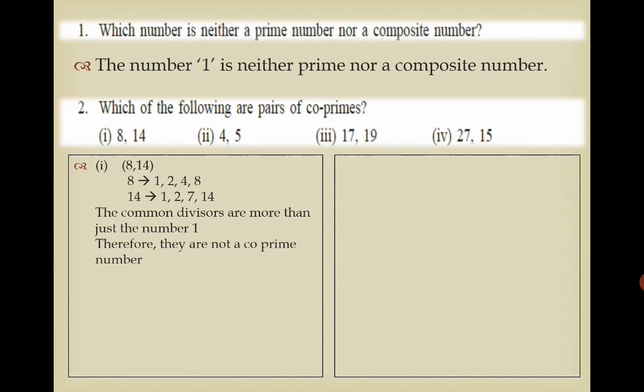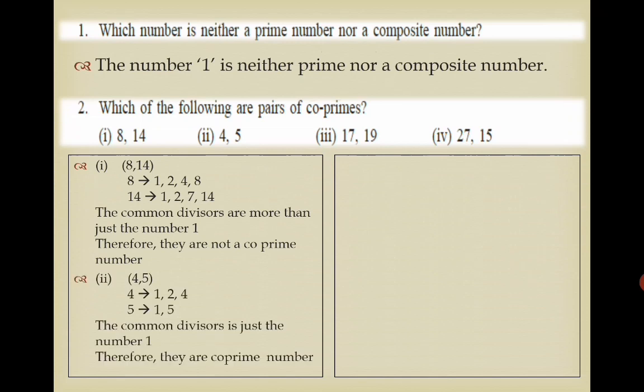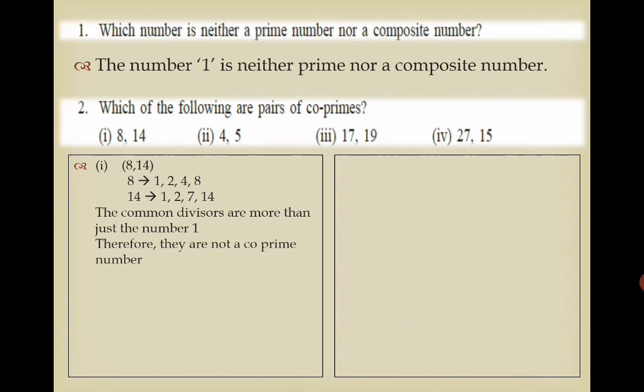The divisors of 14 are 1, 2, 7 and 14. So here the common divisors are 1 and 2. Therefore, we will say they are not coprime numbers. Whenever the common divisor is only the number 1, then we can say they are coprime numbers. Otherwise, they are not coprime numbers. Therefore, 8 and 14 are not coprime numbers.